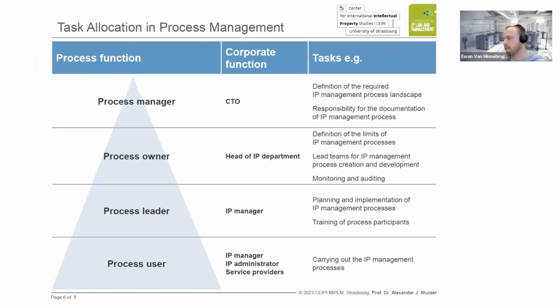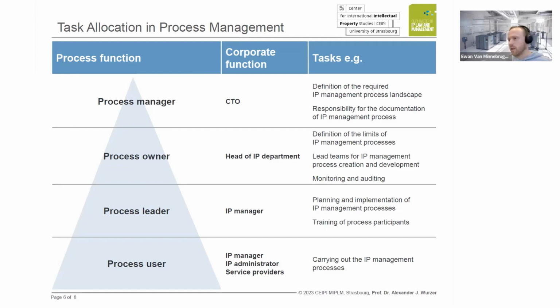Each will have a distinctive role when it comes to process management. And in the middle column, the corporate functions, these would be existing functions, ideally in the company, which would be able to fulfill these process functions.